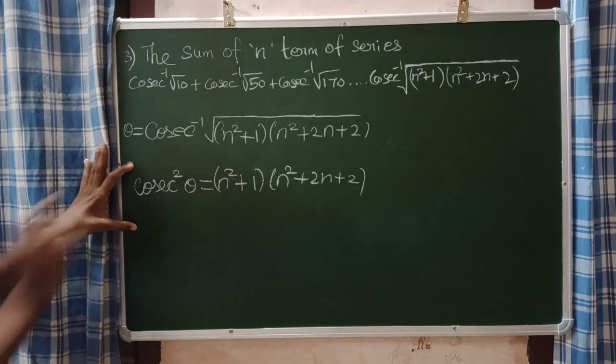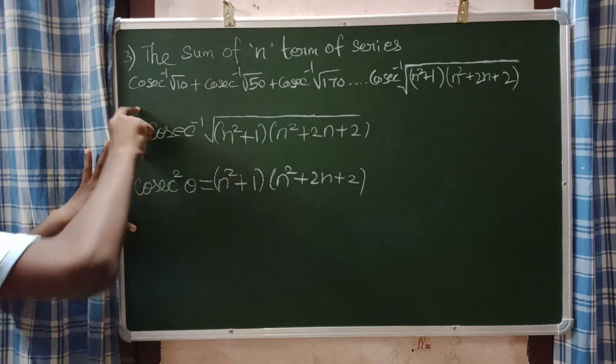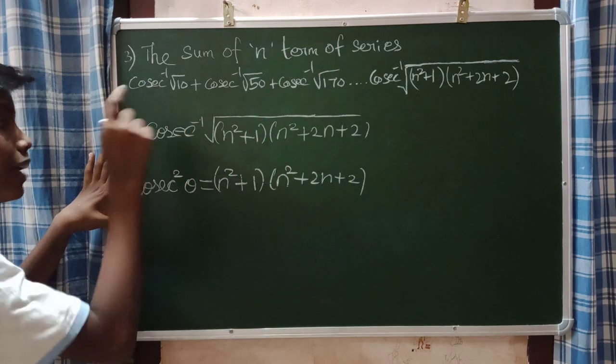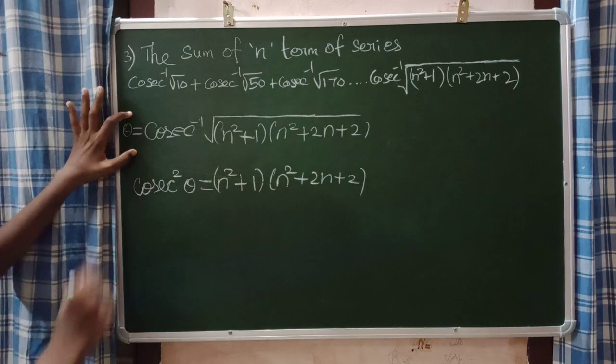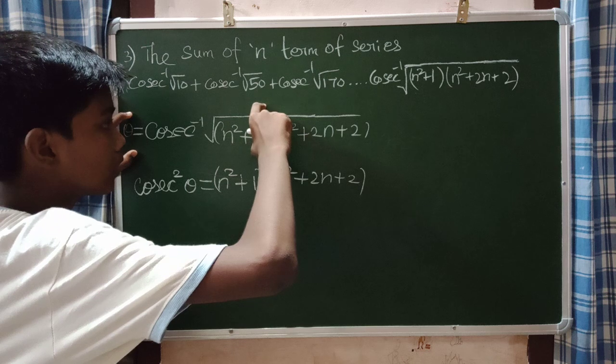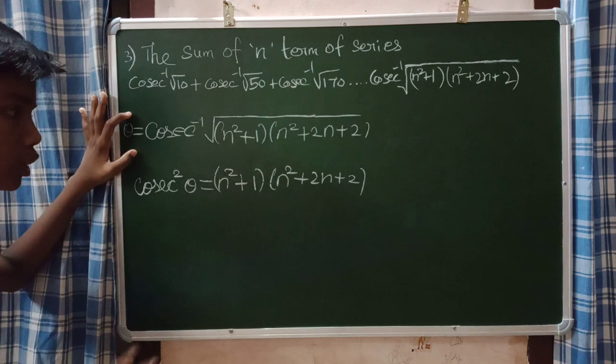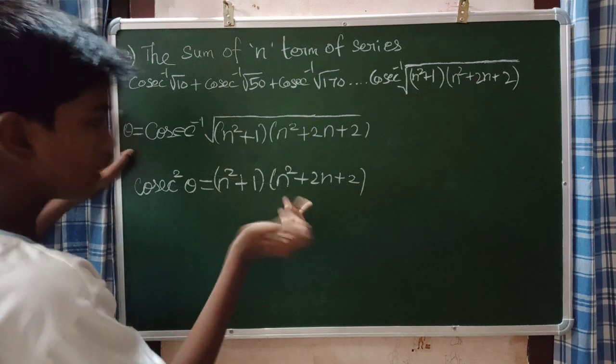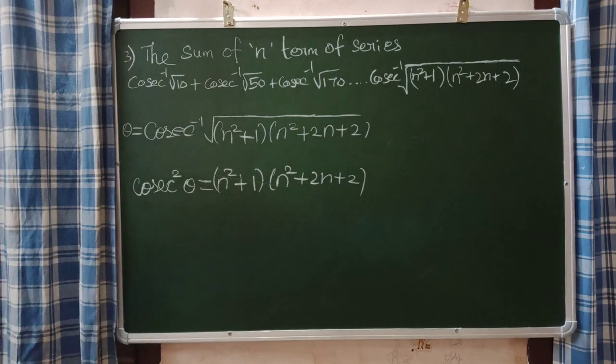What I am doing here: cosecant inverse goes to this side, so cosecant theta is equal to this value. Then I am squaring on both sides, so it becomes cosecant square theta and the square root is gone. So directly we get cosecant square theta is equal to (n² + 1)(n² + 2n + 2). This is what we get.